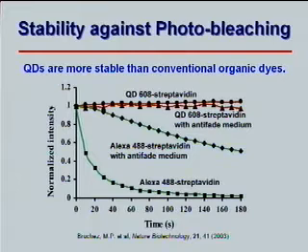In this slide, emission light intensity is measured over time, and this green line shows the intensity from the conventional organic dye, which is one of the most stable dyes, but it still gradually loses its ability to emit fluorescence over time, whereas the quantum dot just remains unchanged over time.